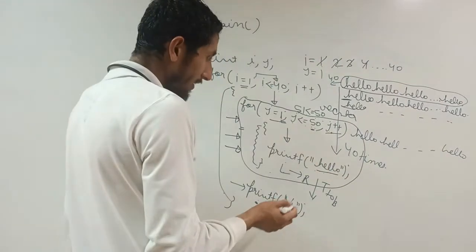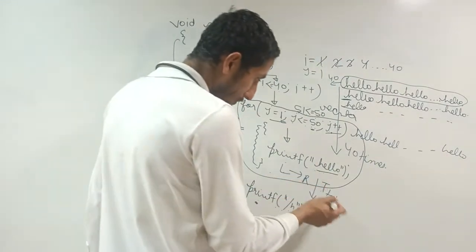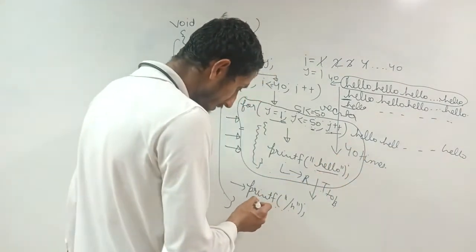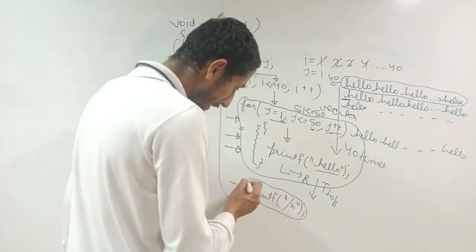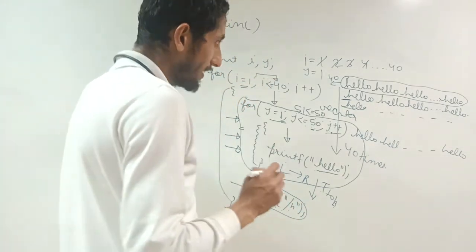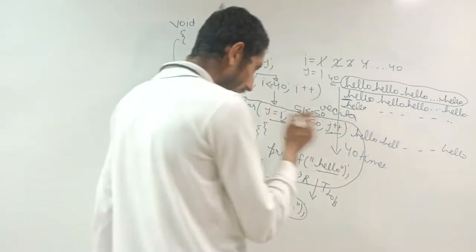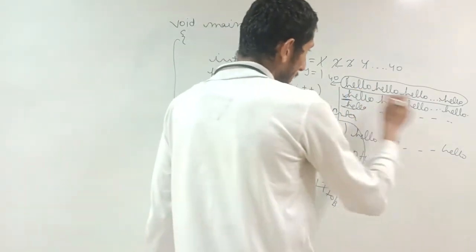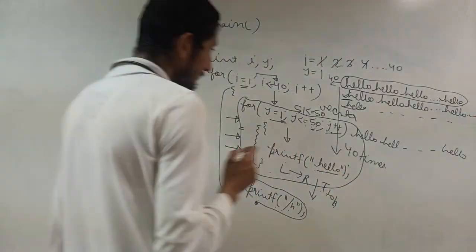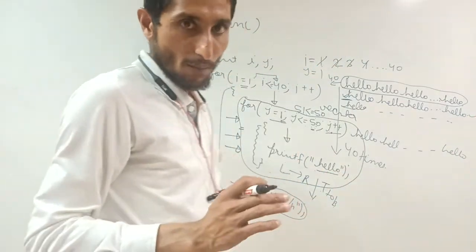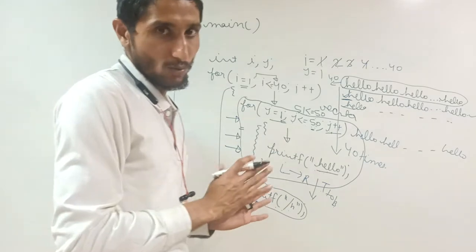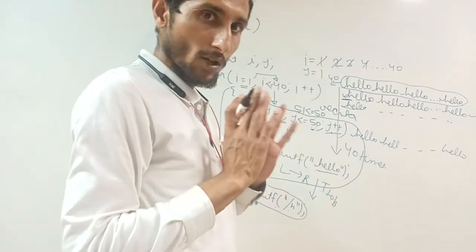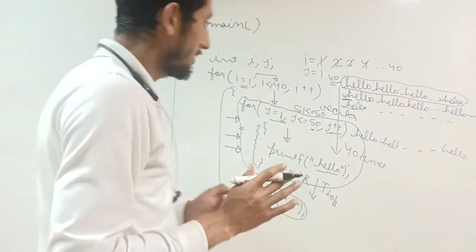Then, in order to print top to bottom, we print slash n. The compiler will move its cursor to the next line and again print hello 50 times from here to here. My advice to you: please type this program and check the output. If you have any error, you can come to me anytime. Okay, let me rub this one.